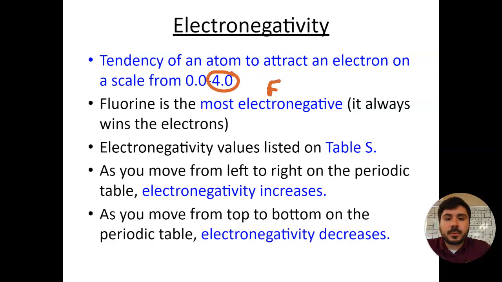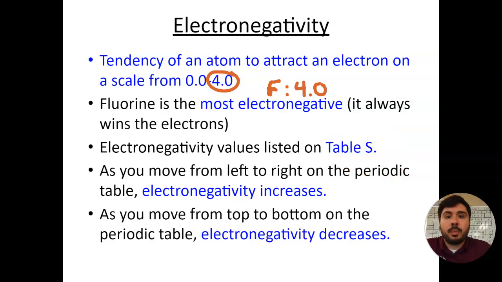If you were to find this on table S, that table I showed you before, it has a value of 4.0. It has the highest electronegativity of all of the atoms in the periodic table, and it's listed right there on table S.